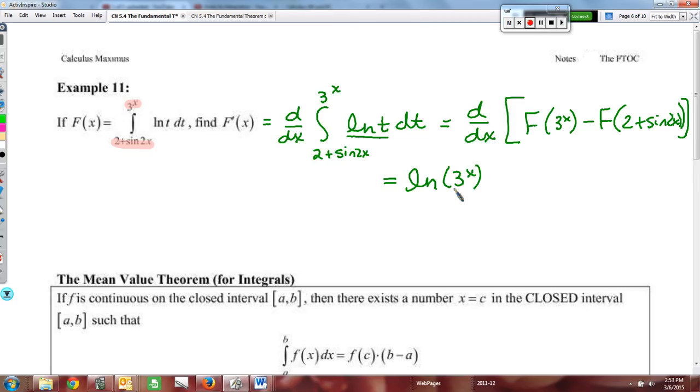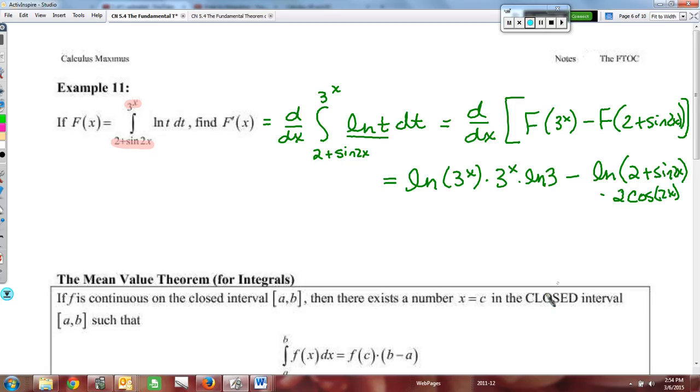But then because there's a chain rule problem going on here, I need the derivative of 3 to the x, which is 3 to the x times natural log of 3, minus the derivative of the antiderivative, which goes back to my integrand, so ln of 2 plus sine of 2x times the derivative of what's inside, the derivative of sine 2x, which is cosine 2x times 2.